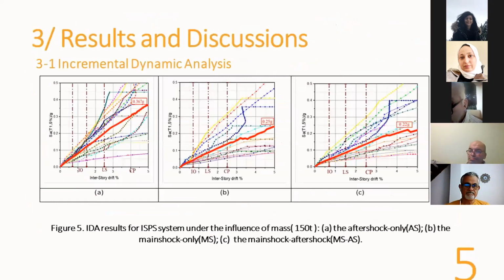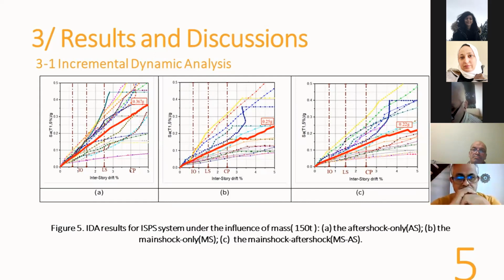3. Results and discussions. 3.1 Incremental dynamic analysis. The IDA results for the ISPS system in loose soils were obtained respectively under the influence of mass, 150 tons and 350 tons, in figures 2 and 3. IDA curves were presented for only the 3 extreme cases, i.e., main shock only, MS, aftershock only, AS, and main shock aftershock, MS-AS.